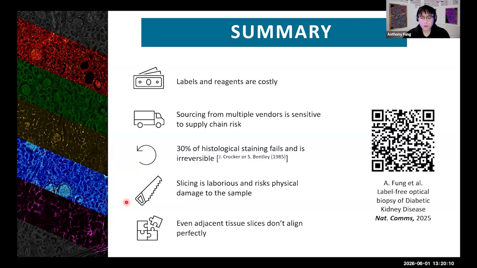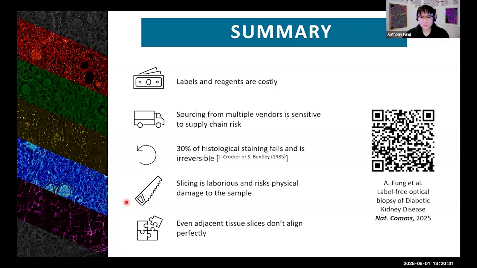When my PhD professor and I started her lab, it was during the pandemic, and sourcing from multiple vendors was very difficult because the supply chain was very sensitive, and a lot of the biomedical supplies were prioritized for hospital settings rather than basic research.